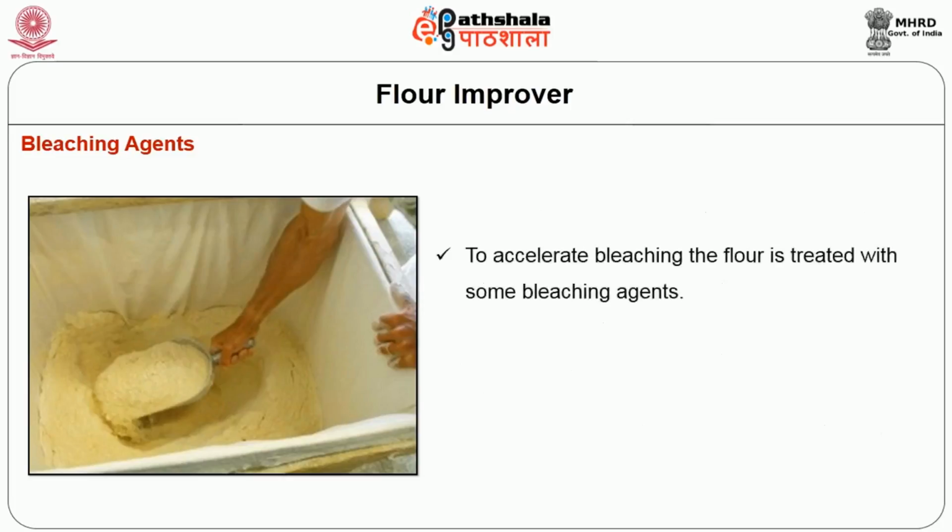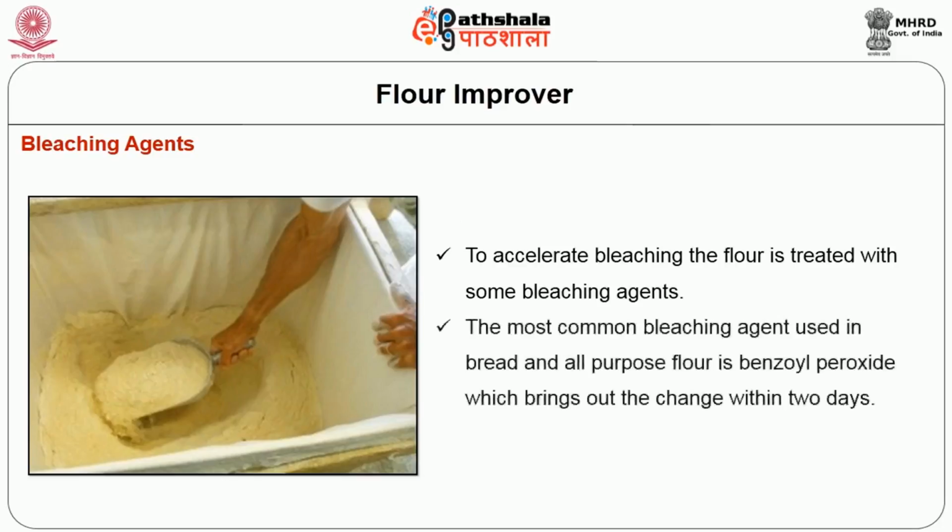Hence, to accelerate the bleaching, it is treated with some bleaching agents. The most common bleaching agent used in bread and all-purpose flour is benzoyl peroxide, which brings out the change within 2 days. This is used in the form of dry powder.